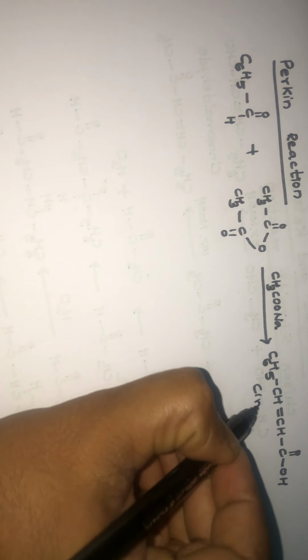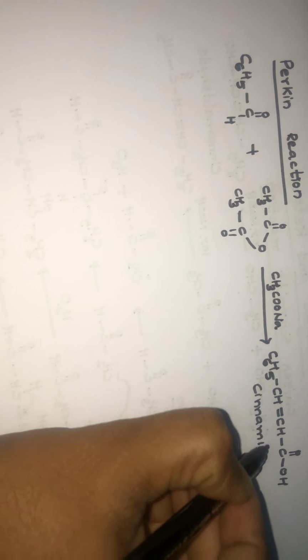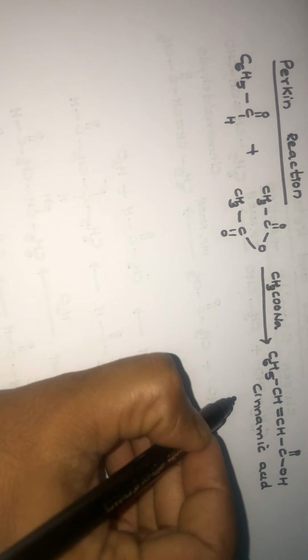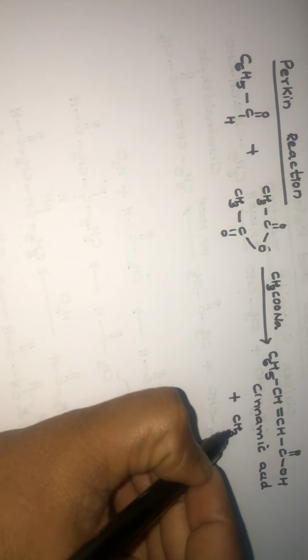You get cinnamic acid, plus the remaining part, CH3COOH, acetic acid. This reaction is referred to as the Perkin reaction.